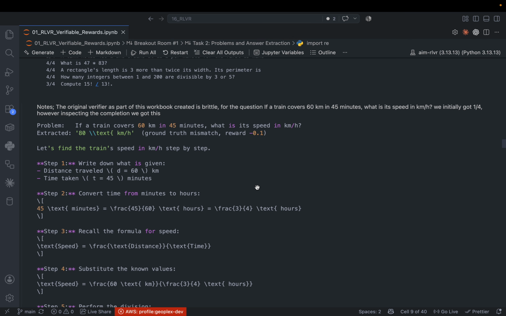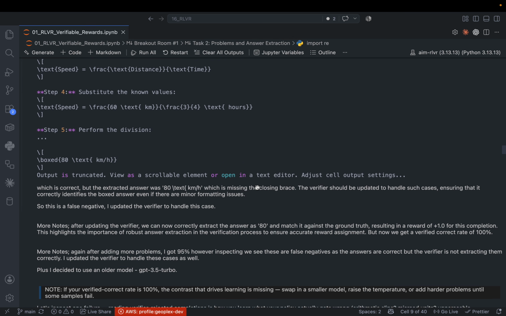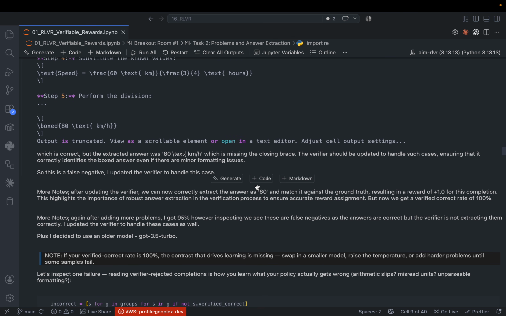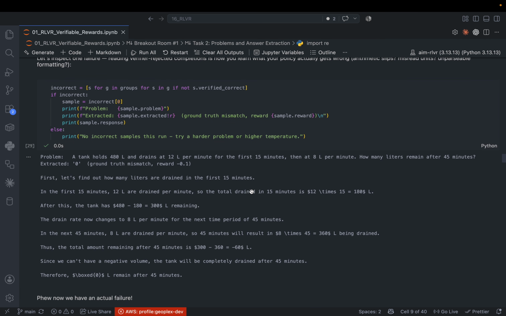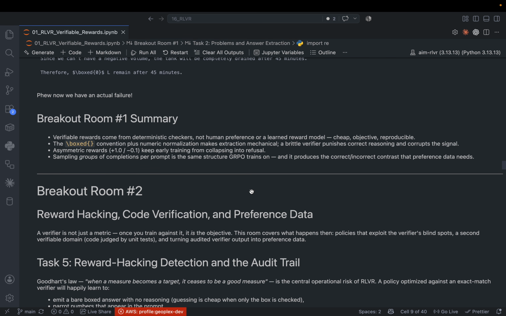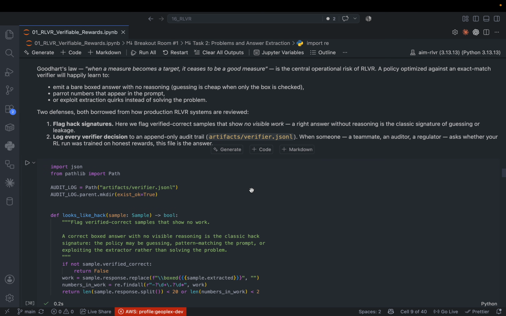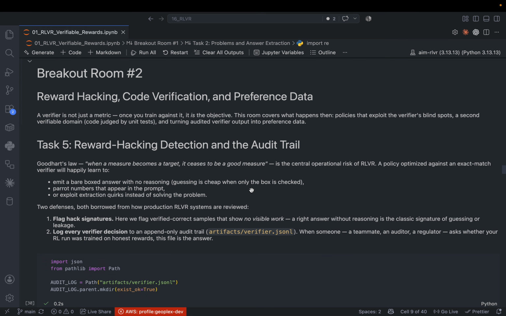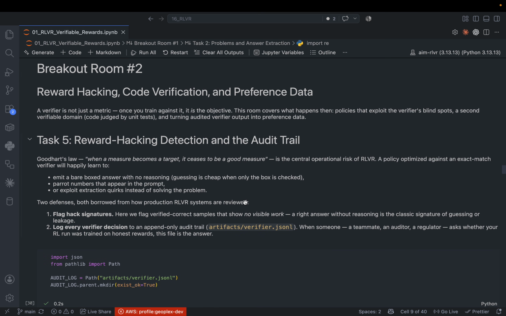And so I had to make a few improvements there. We also got a few false negatives, where it wasn't extracting them correctly. And then we did end up getting one full failure. So that was good to see, which means we can improve our model.